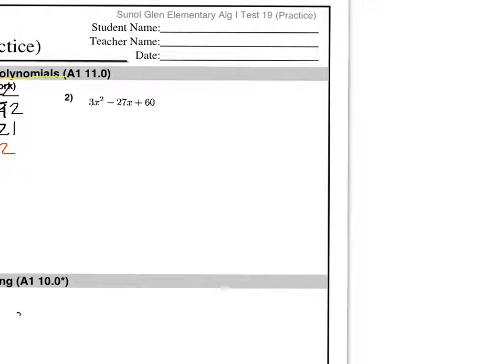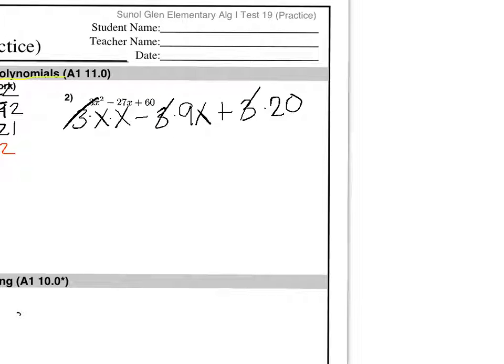So I'm going to take these guys to their primes. 3 times x minus 27 is really 3 times 9 times x plus 60, which is really 3 times 20. And it looks like I have a 3 that can come out of everything. So if I factor out my 3, I'm really dividing by a 3. I'm going to pull it to the front. I'm left with an x squared minus a 9x plus a 20.